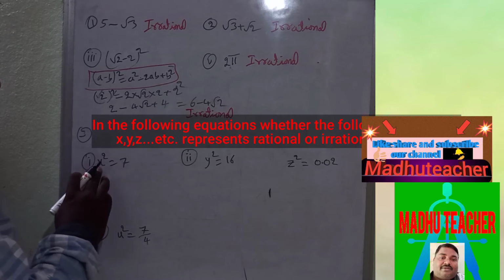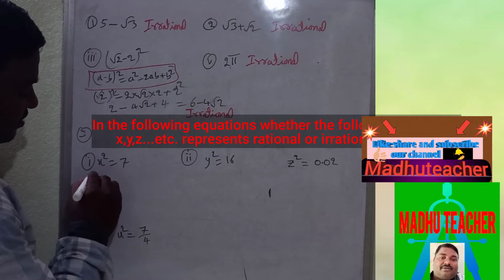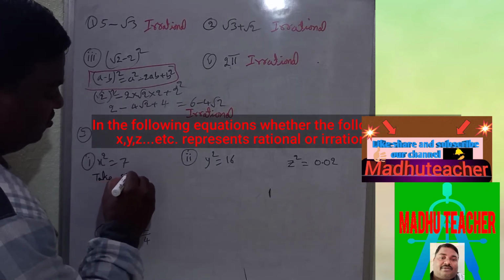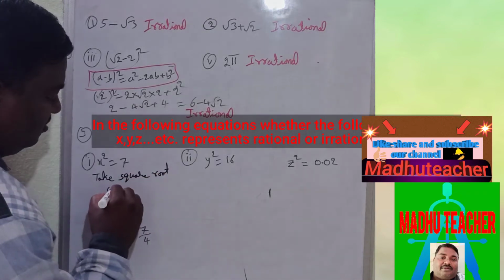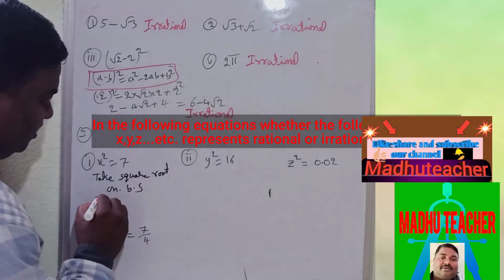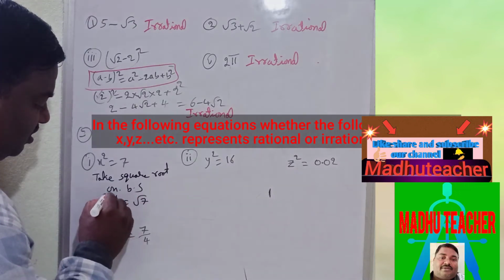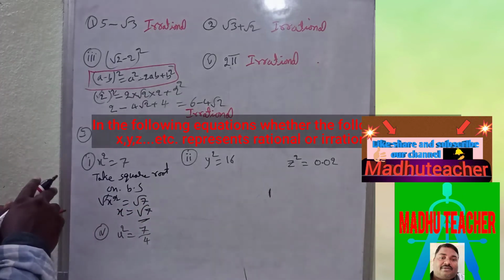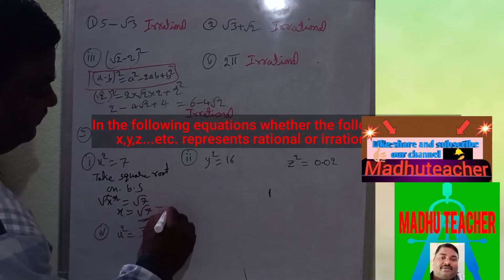To write x, you have to take square root on both sides. Get root x square equal to root 7. Square and root get cancelled, x equal to root 7. So root 7 is an irrational number. So it is irrational.